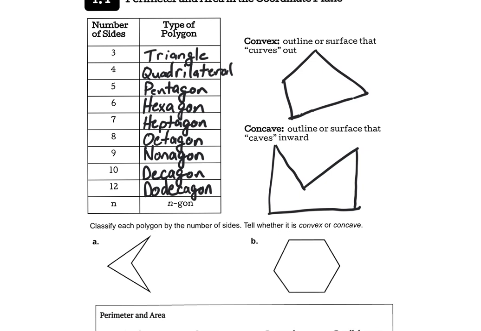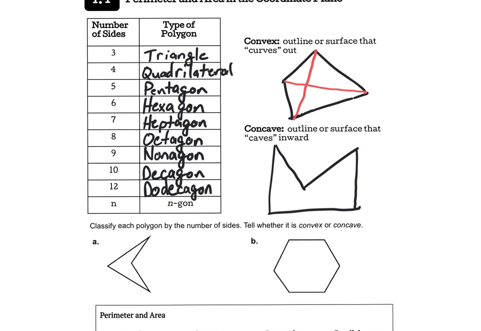Okay. Another way to tell this is if I were to draw some diagonals, as I draw the diagonals, then I'm not crossing any sides or any points, okay?